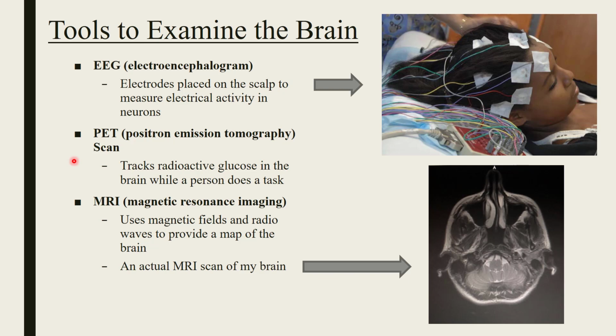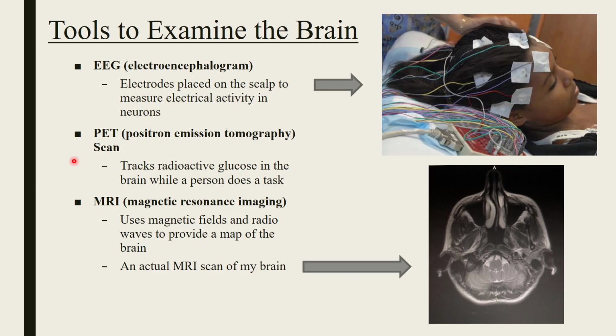This has given us all kinds of information about which brain regions are active during certain tasks. You can have people look at pictures, do memory tasks, or try to express different emotions, and you can see what parts of the brain are responsible and active during that activity because the neurons take up that glucose.